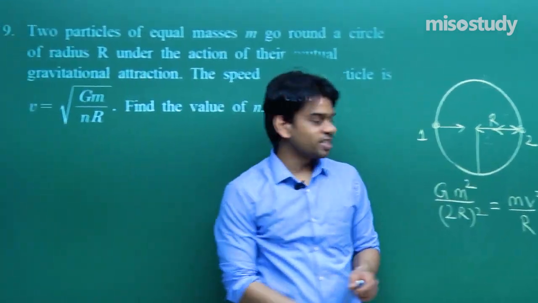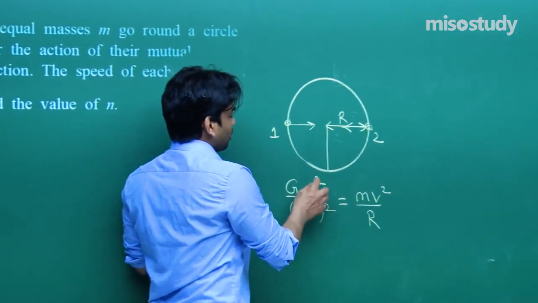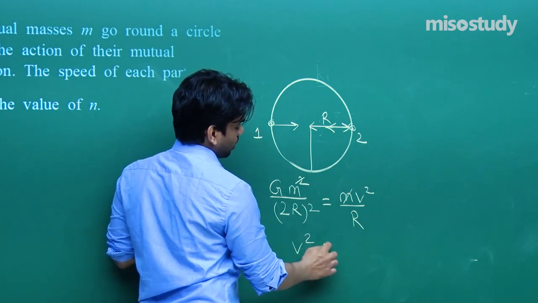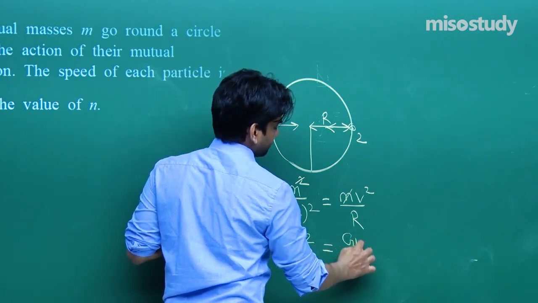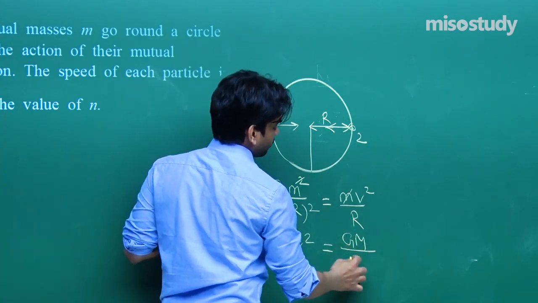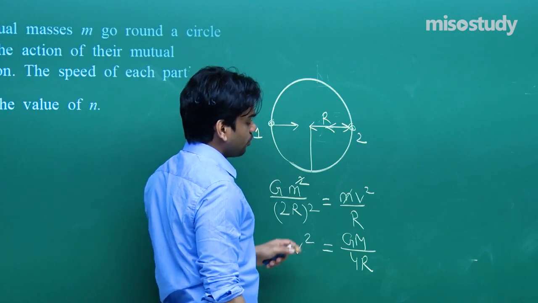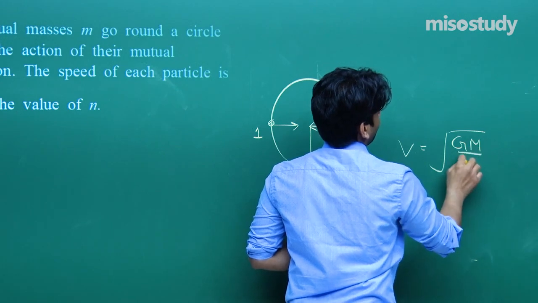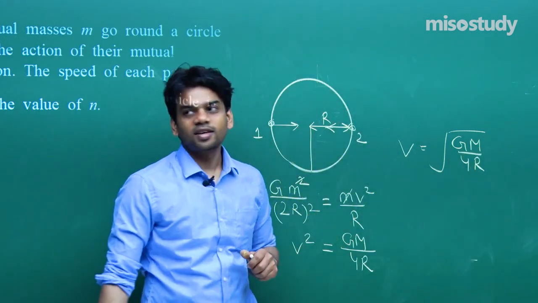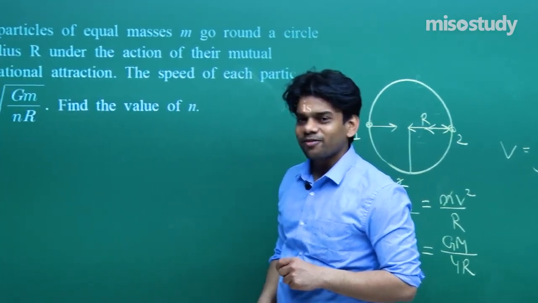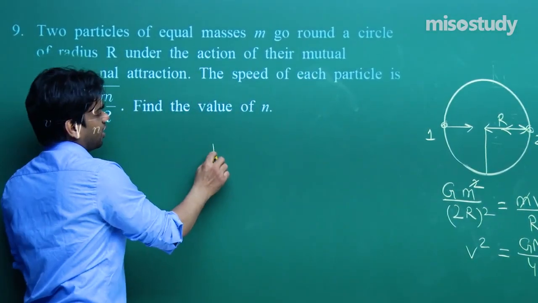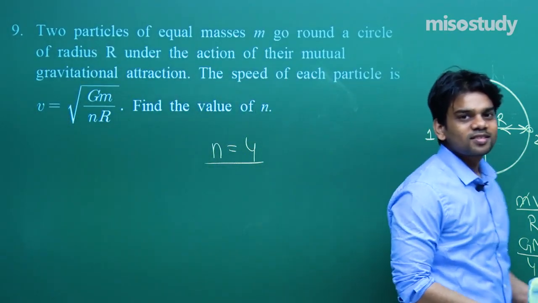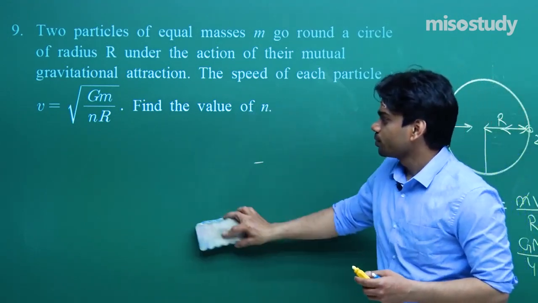First of all, let's cancel out this one m, and then we have obtained v square is equal to GM. You take this R here, you'll be left with GM by 4R, and then v will come out to be under root GM by 4R. This is the result. Under GM by 4R, if you compare, n will be equal to 4. So n equals 4 for this question. This is the answer.